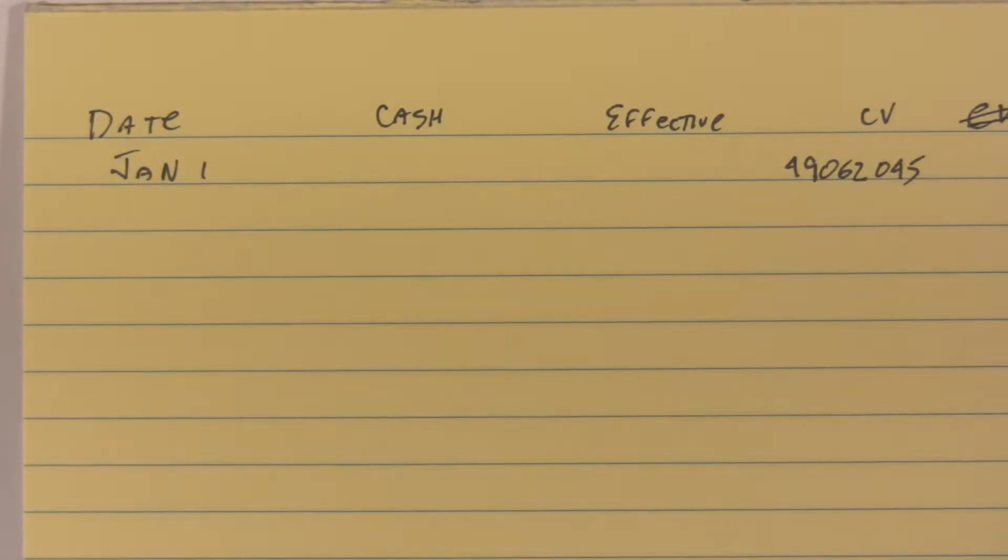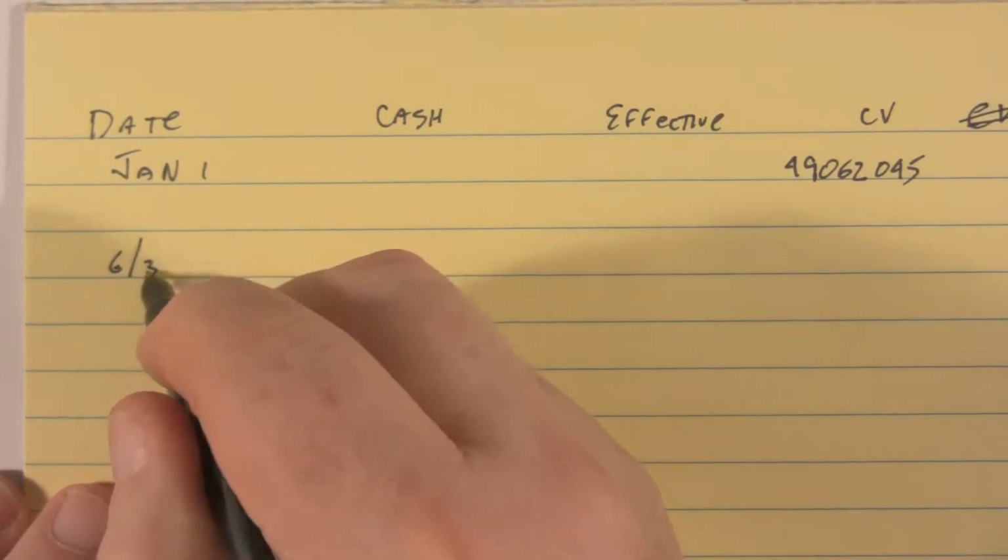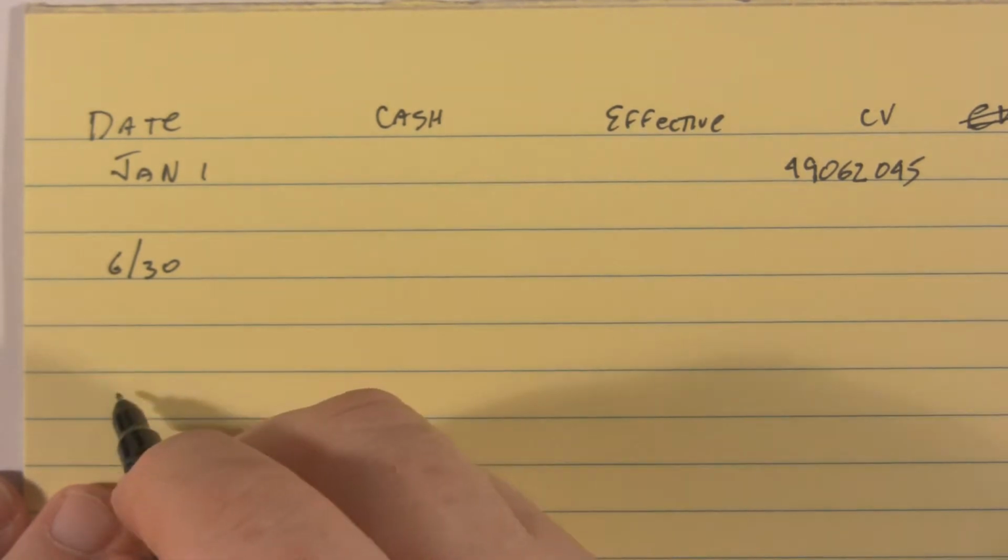Well, the first thing we need to do is figure out how much cash this company is going to be sending out each period. They send out the cash June 30, and they send out the cash 12/31.